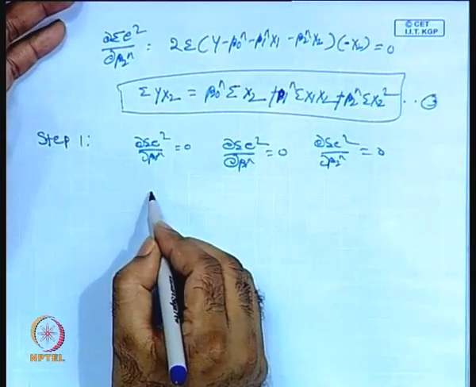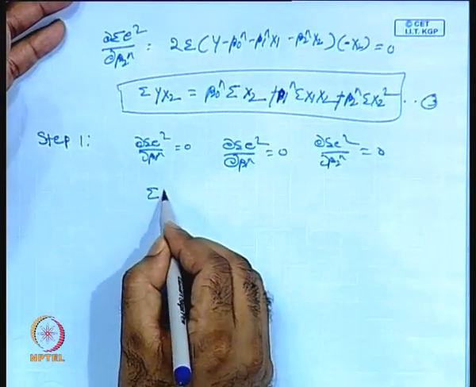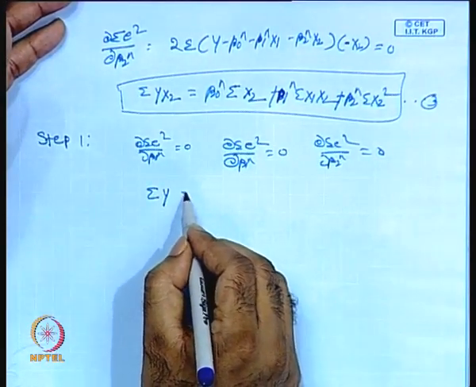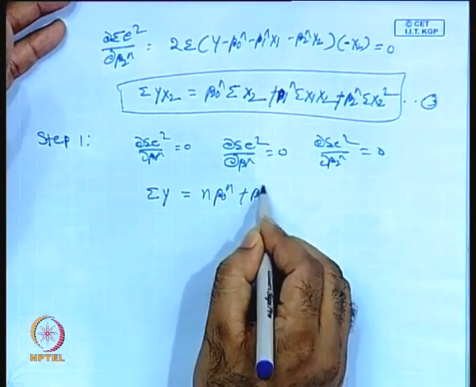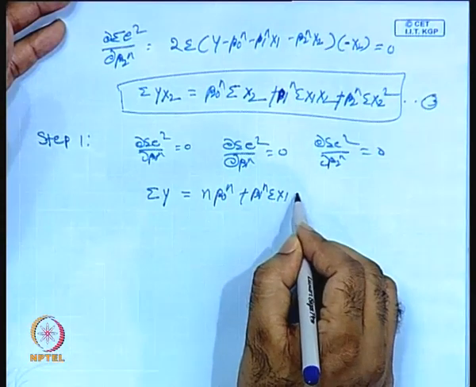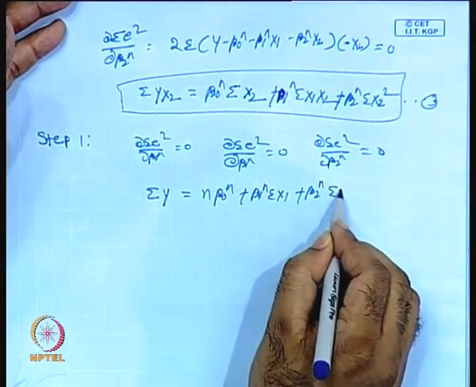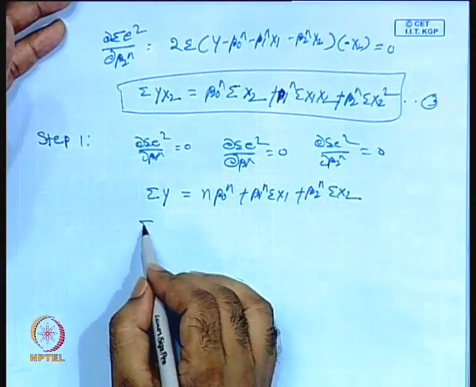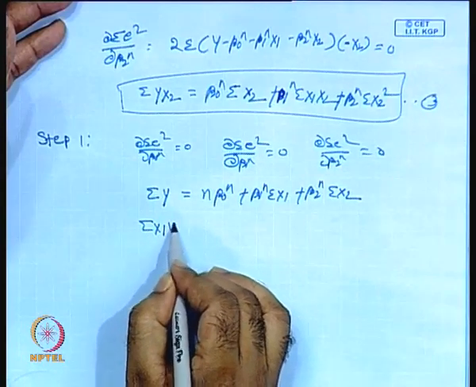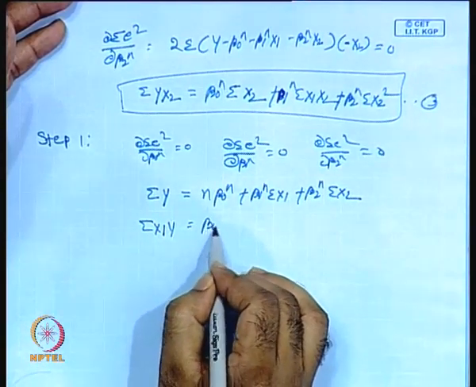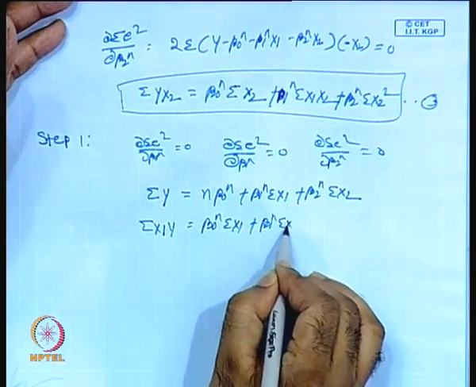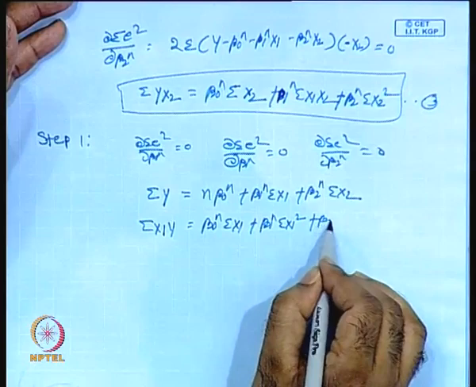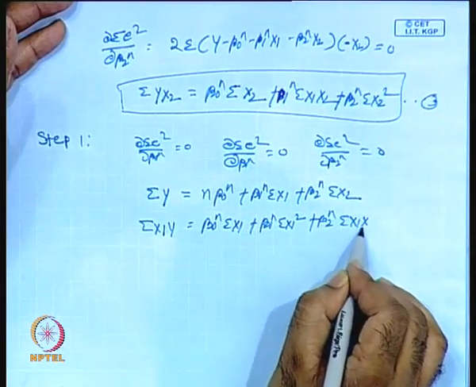What is this particular structure? If I club all these 3 equations, it comes like this: summation y equals n beta 0 hat plus beta 1 hat summation x1 plus beta 2 hat summation x2. Then summation x1y is equal to beta 0 hat summation x1 plus beta 1 hat summation x1 square plus beta 2 hat summation x1 x2.